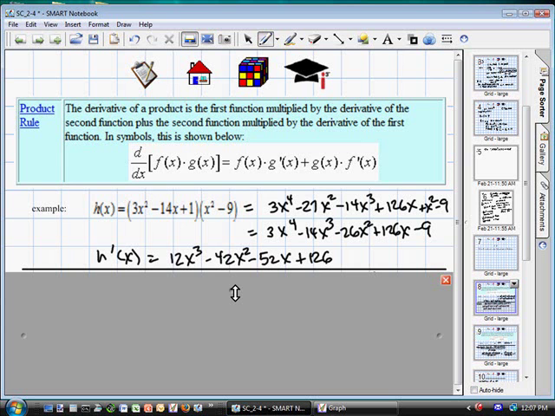Now, it's easy to find the derivative, isn't it? You just use the power rule. And so 4 times 3 is 12, and you get 12x cubed. And 2 times negative 26 is negative 52. That should be 52. And then reduce the power by 1.